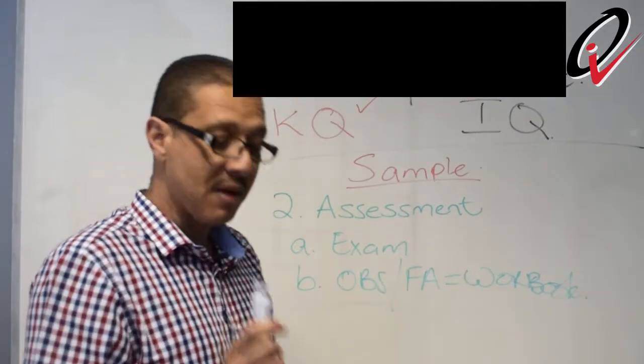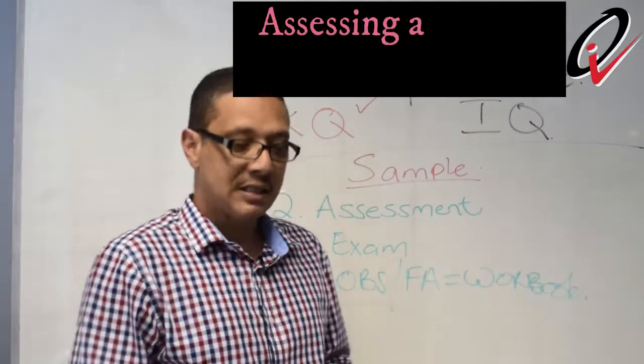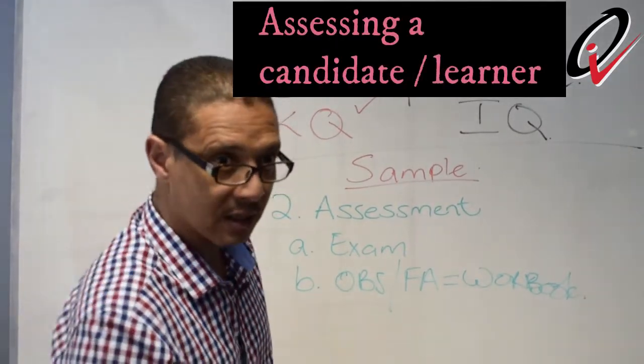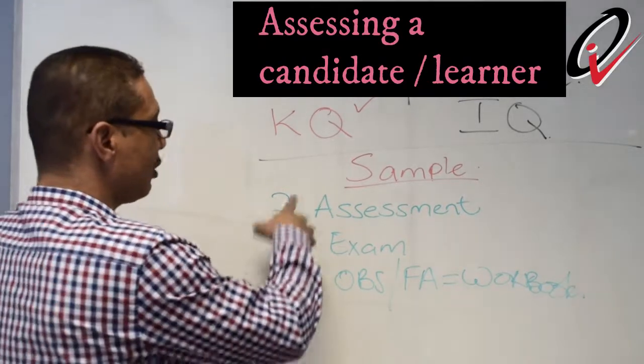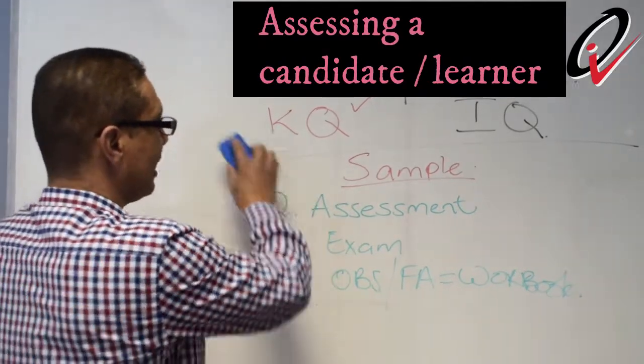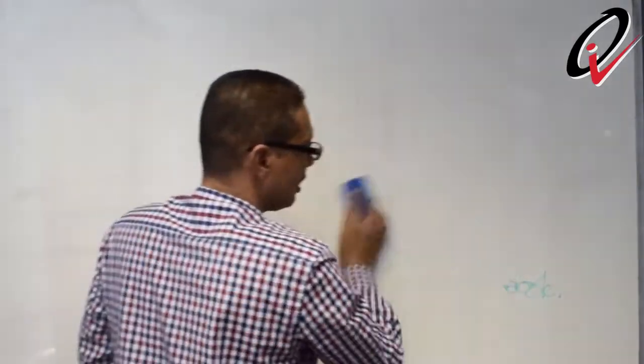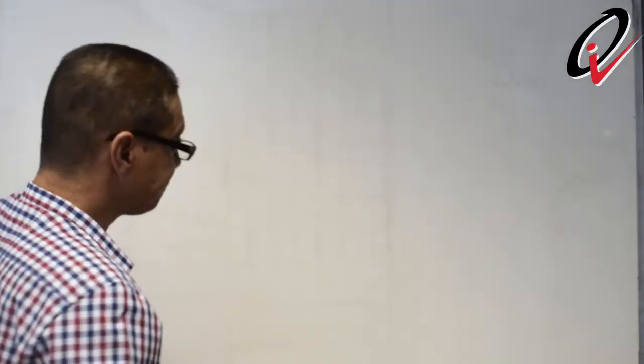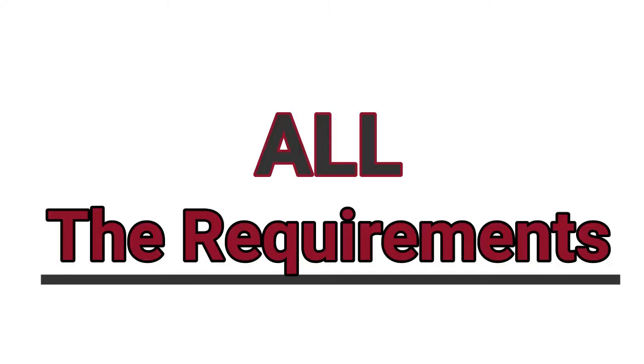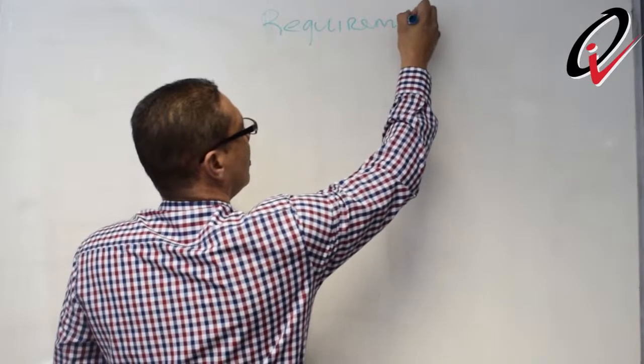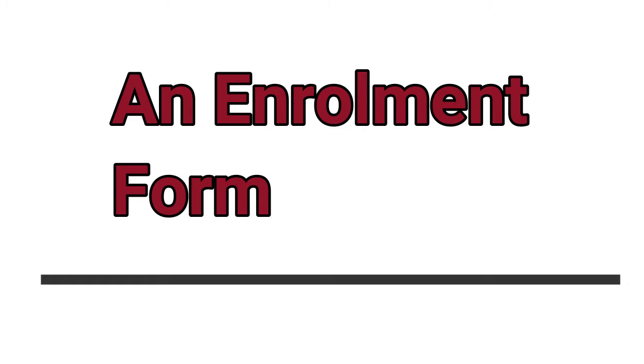Now you must remember this. When you are assessing a candidate or a learner, when you're playing your second role as candidate assessor, your learner will need to complete all the requirements that are expected from you. What I'm talking about here is, first of all, there needs to be an enrollment form.